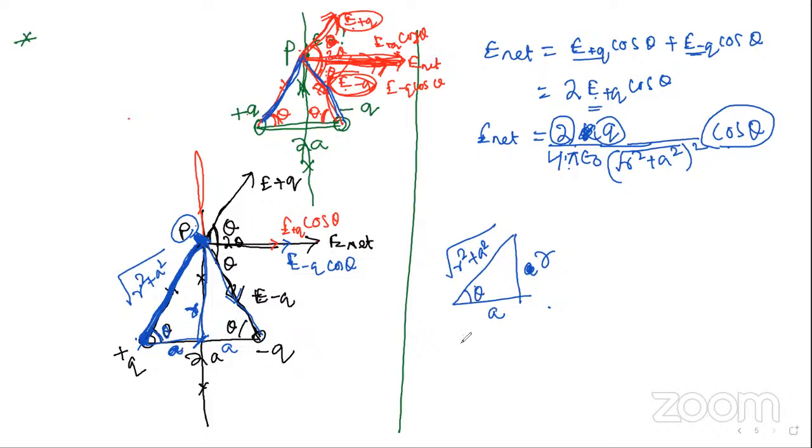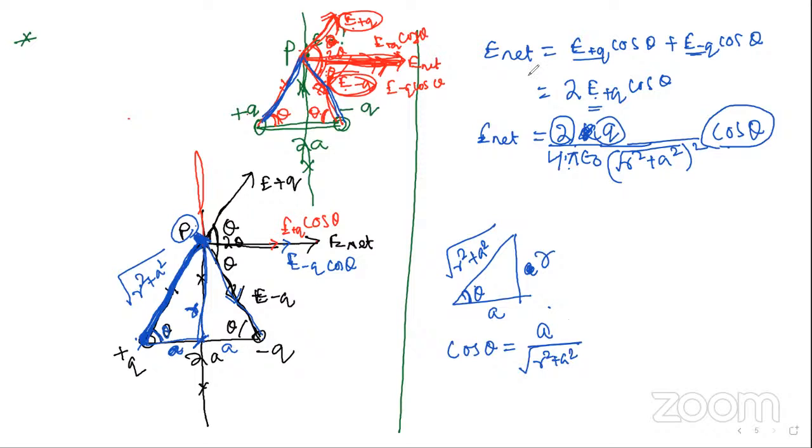So what is cos theta here? Is it P by B or B by H? B by H. So what is the base here? Base is the side A, so cos theta is A by root over R square plus A square. Clear? Yes, sir.